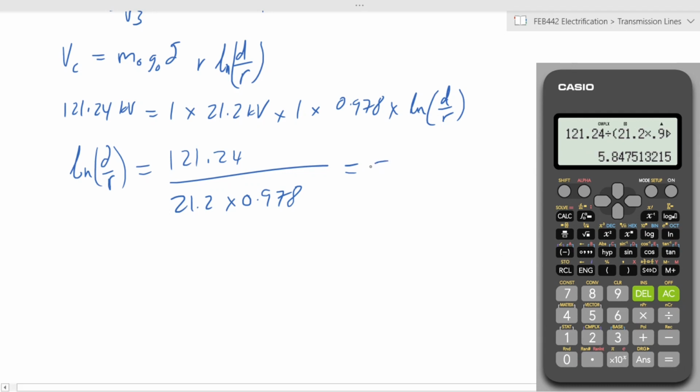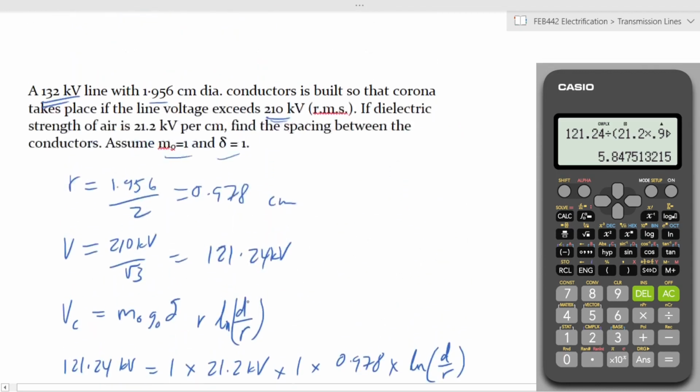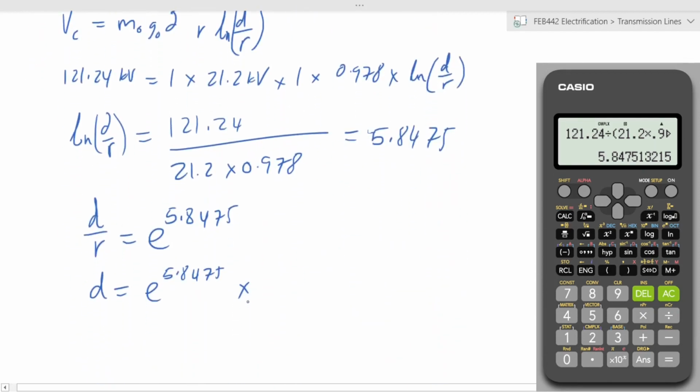So that natural log is given by 5.8475. Now, in order for us to resolve this, we can raise both sides to the power of E. So D over R is equal to E to the power 5.8475, and we rearrange again because we're looking for D. D equals E to the power 5.8475 times R. R was 0.978.